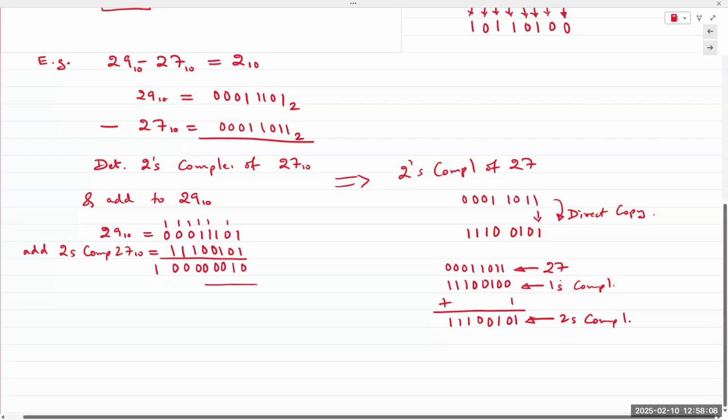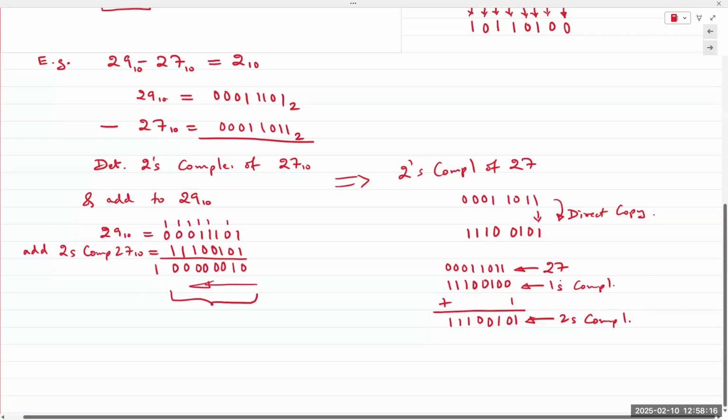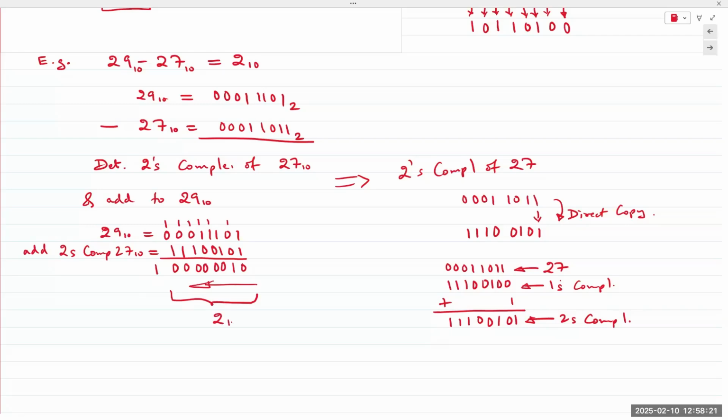We need 8 bits, starting from the LSB to the MSB. This gives us 10, which is 2. You can try any number as you want for practice. The method will work.